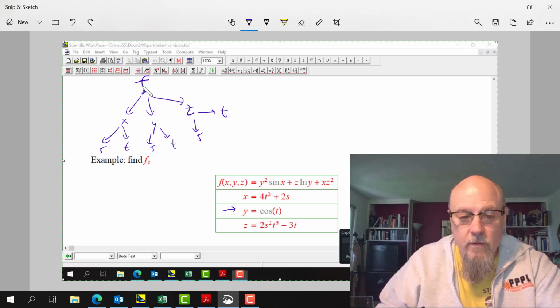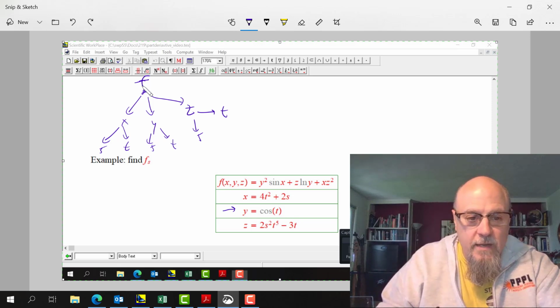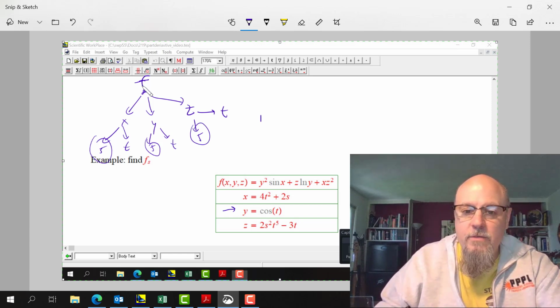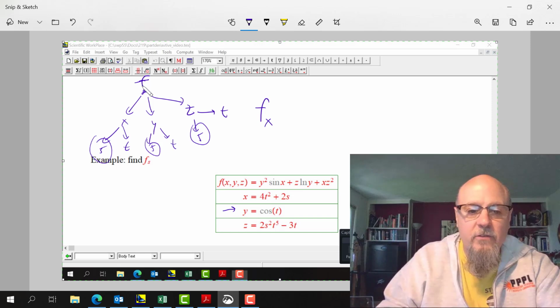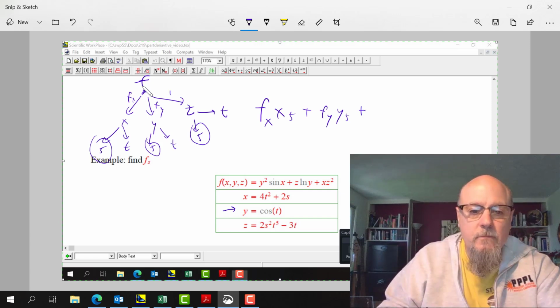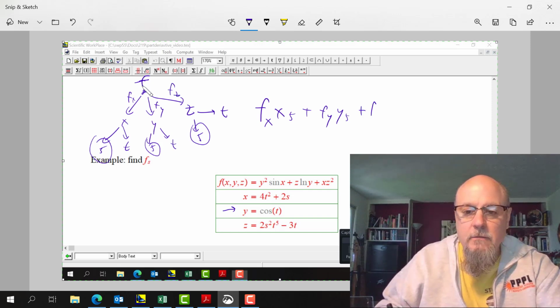We want the derivative with respect to s. So I need this piece, and this piece added together. So I'm going to end up with f sub x times x sub s plus f sub y times y sub s plus f sub z times z sub s.